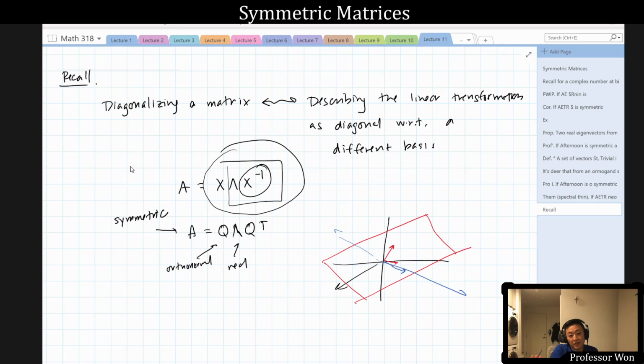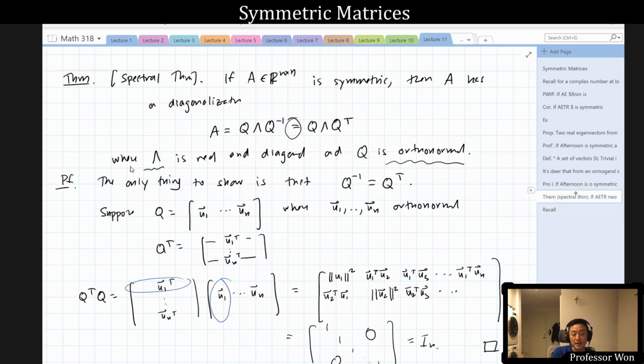So in general, there's no hope of doing this, but for a symmetric matrix, you can always choose an orthonormal basis so that your change of basis matrix is just kind of like a rotation of the standard basis. Okay, so this is nothing new. I think it's just to remind you of this geometric perspective, change of basis perspective on what diagonalization really is. And since symmetric matrices have incredibly nice diagonalizations, it means that you can do this process in an incredibly nice way.